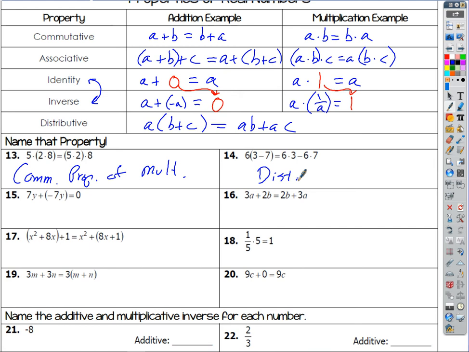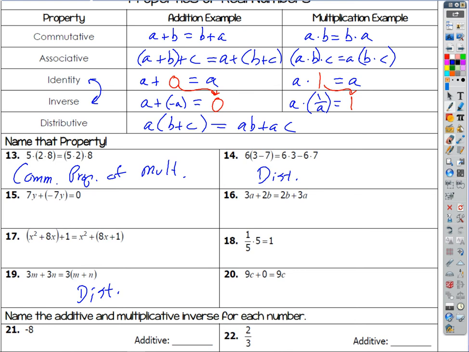Yeah, you can go both directions with that, right? 17? Number 13, is that commutative instead? Oh, I'm sorry. Why did I say commutative? It's associative, isn't it? Associative, yep.